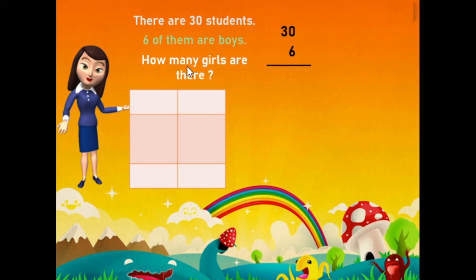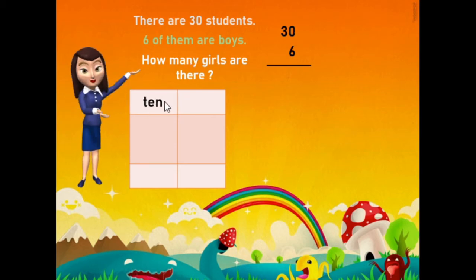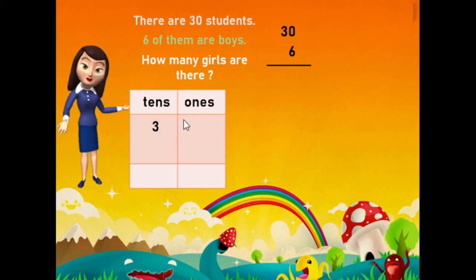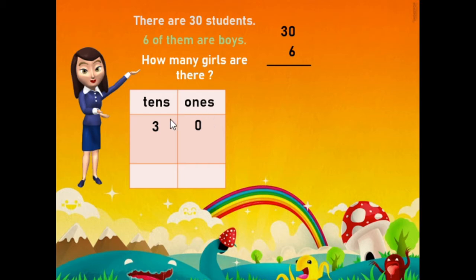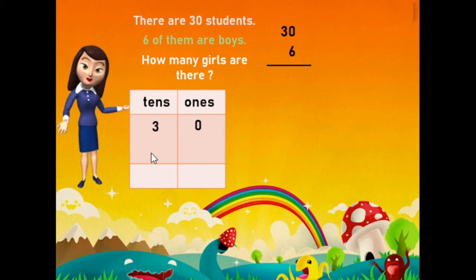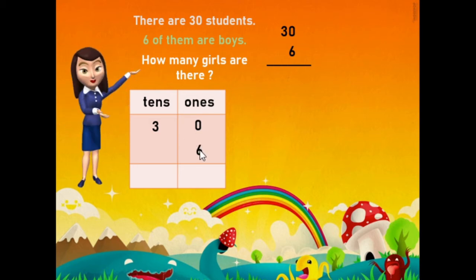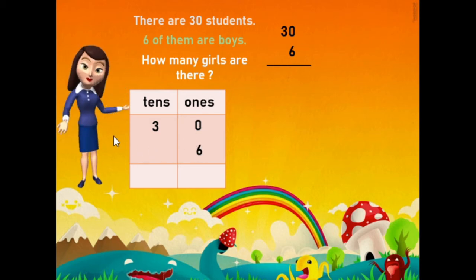Let's use column subtraction. Tens and ones. Under tens, you have 3. Under ones, you have 0. Under tens, for the next number, you don't have any, but under ones, you have 6.